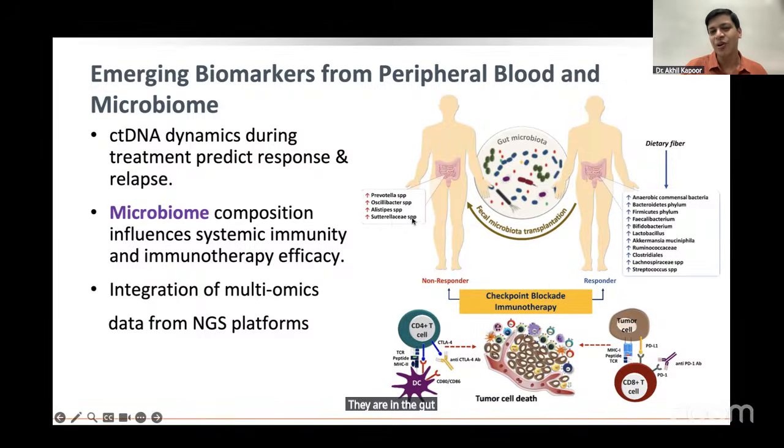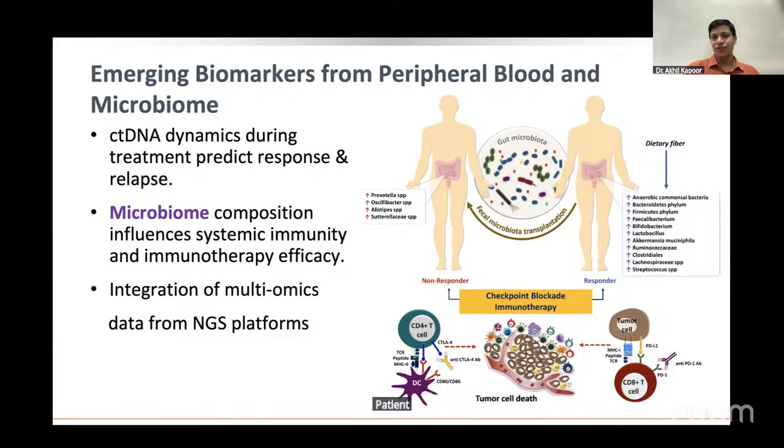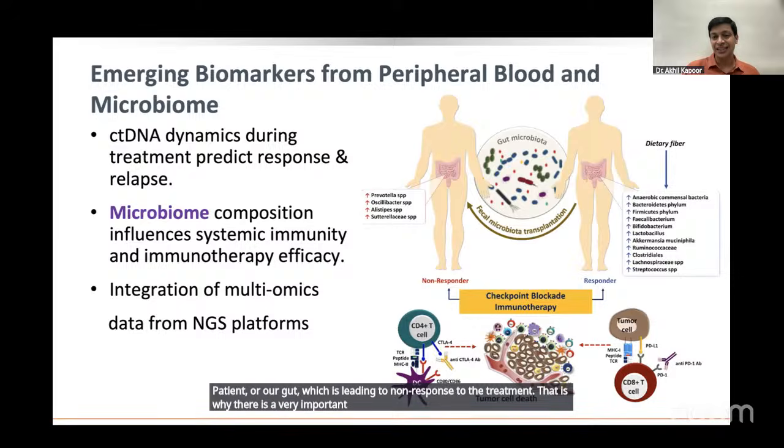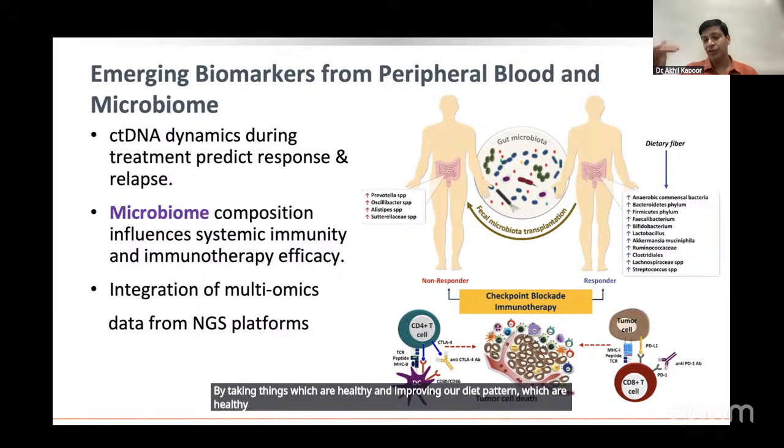We always blame the tumor, but sometimes it is the patient or our gut which is leading to non-response to treatment. That is why there is a very important message that we need to keep our gut healthy, by improving our diet and taking things which are healthy for our gut microbiota.